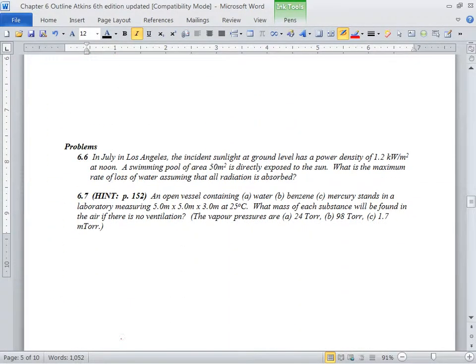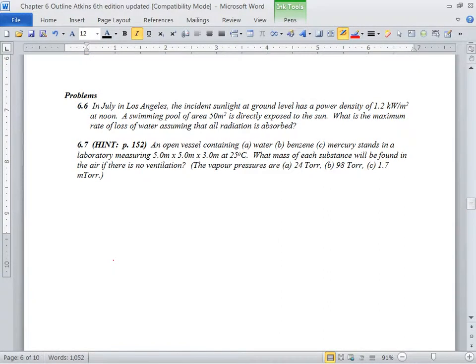So that gives you 2 whole homework problems. And 6 really had to do with the concept preview, knowing what a watt was. That's your hint to do 6. And 7 is the Dalton's law kind of idea.